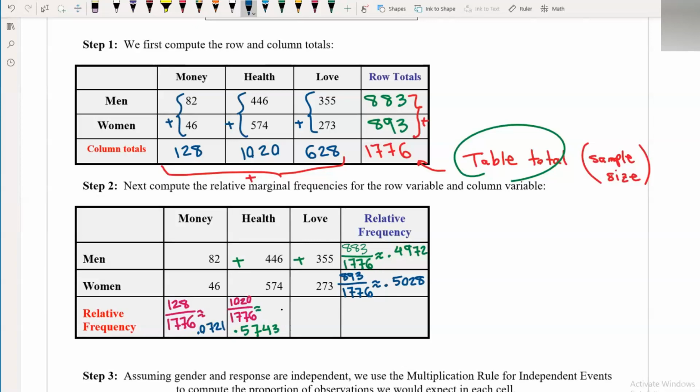Now, finally, this one is 628 divided by the total, and the answer is 0.3536. And here, this one is obviously equal to 1. Why? Because here we had 1776 divided by itself, which is equal to 1.